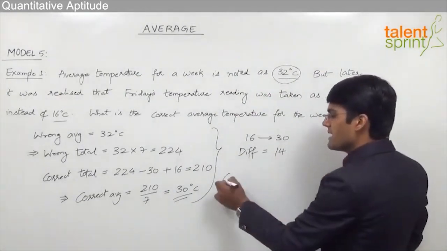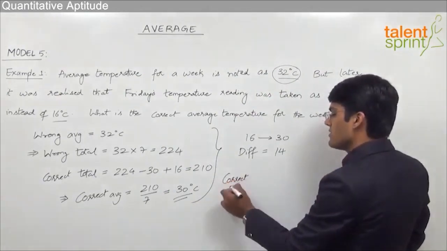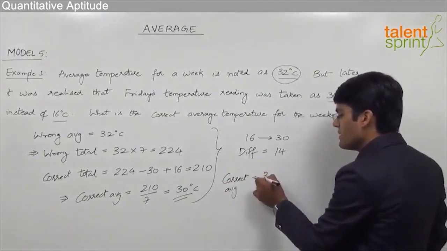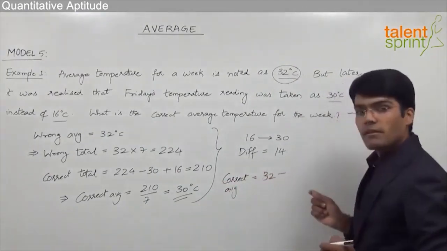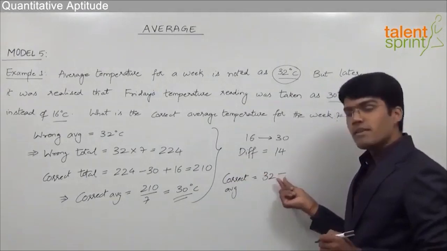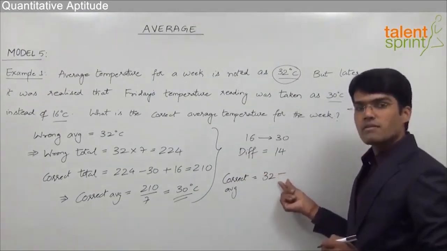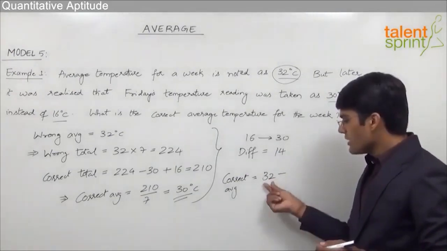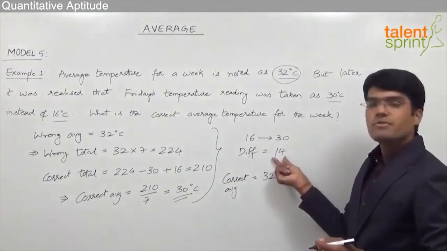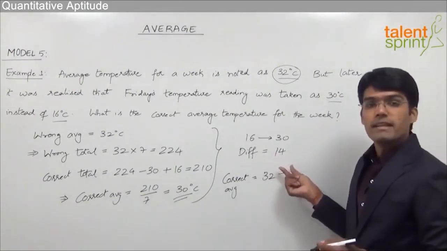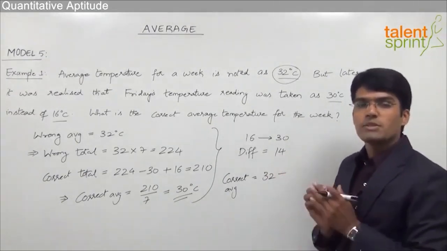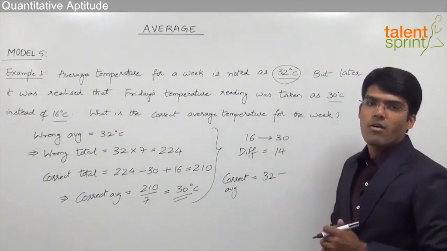So we can say that the correct average should be equal to the wrong average, that is 32 degrees minus something. Why we are subtracting something here? Because we know that the correct average should be lesser than the wrong average. So 32 minus, the difference is to be subtracted. But very clearly we have discussed that whenever we add or subtract something, it should be equally divided among all the elements.